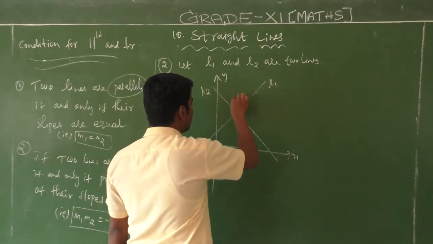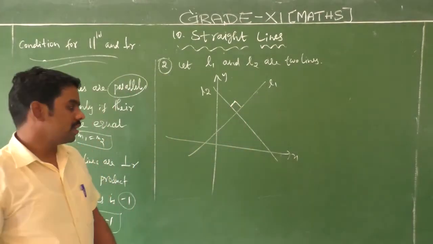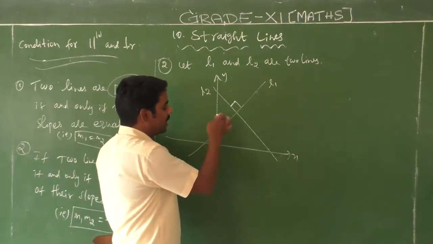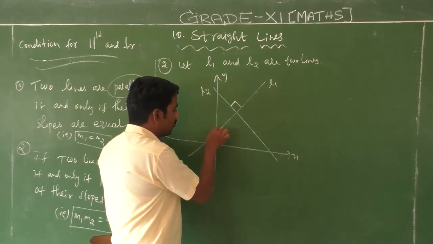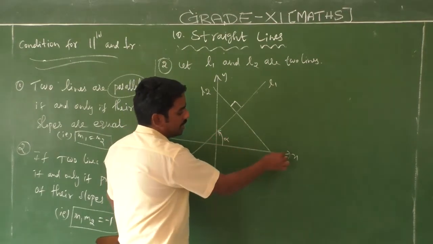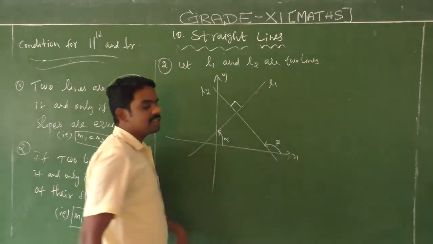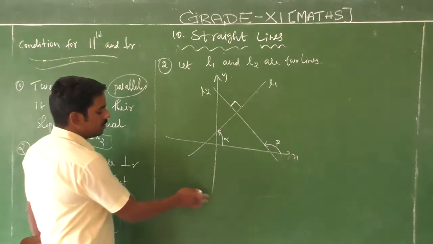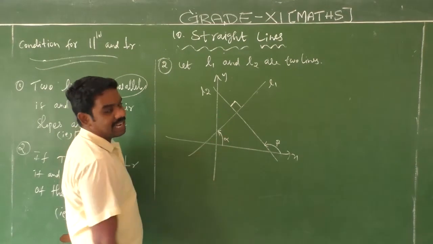These two lines are perpendicular. So the angle of inclination of the line L1 with the x-axis is alpha, and the inclination of L2 is beta. Here alpha is the inclination of the first line.